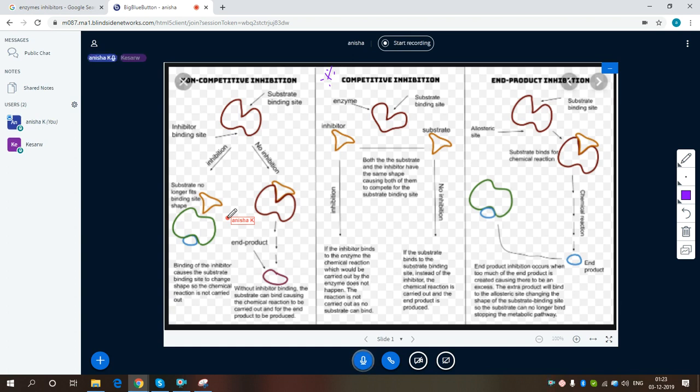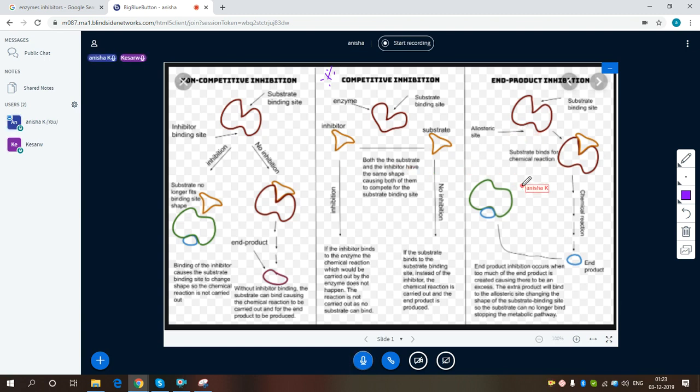No effect is happening. Okay, so there is no competition, so they are termed as a non-competitive inhibitor.